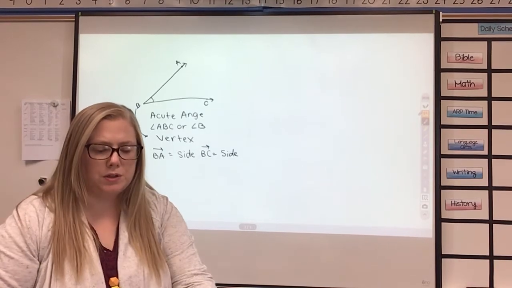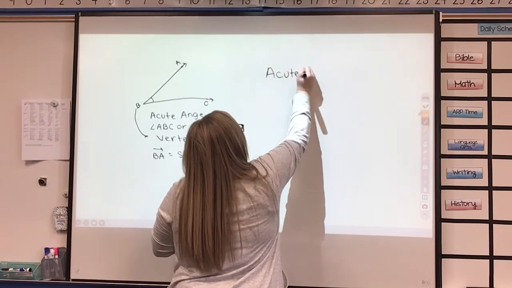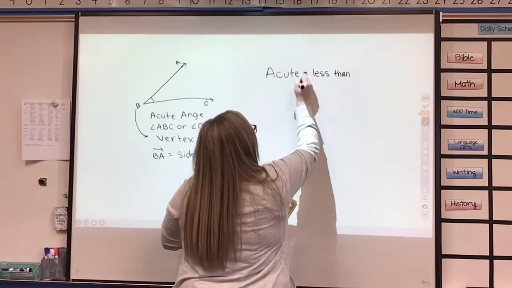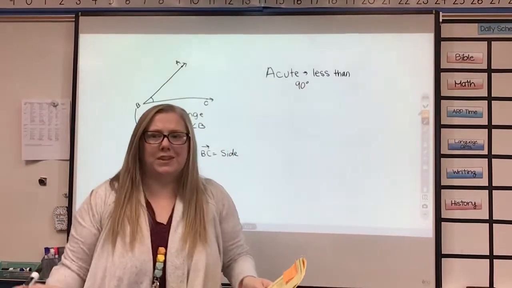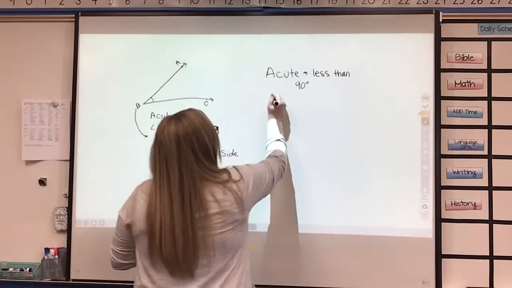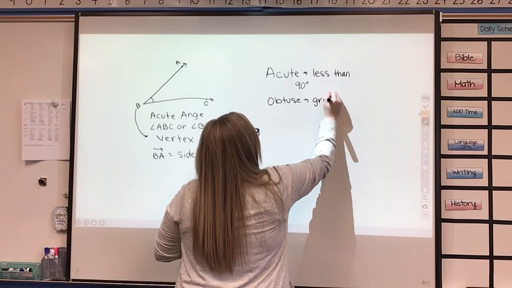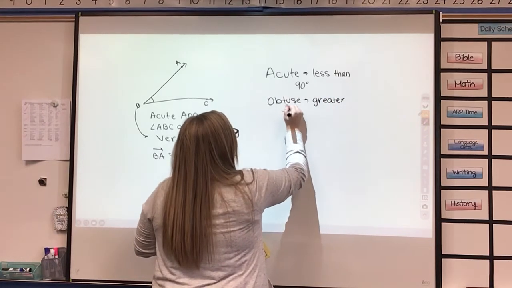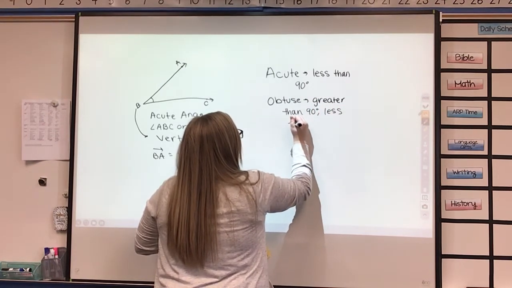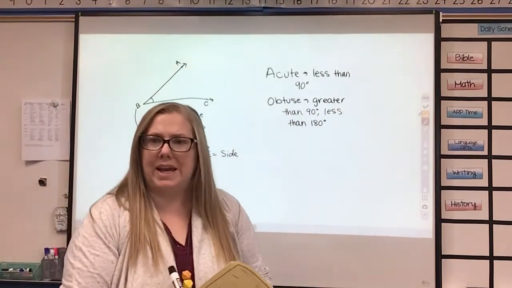And I'm going to give you some notes. Acute. Remember that acute is small and it's less than 90. Obtuse is greater than 90, but it is less than 180.